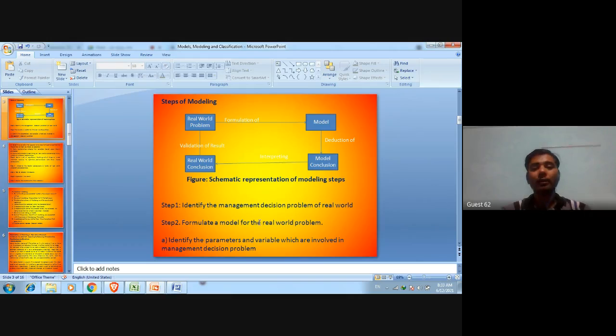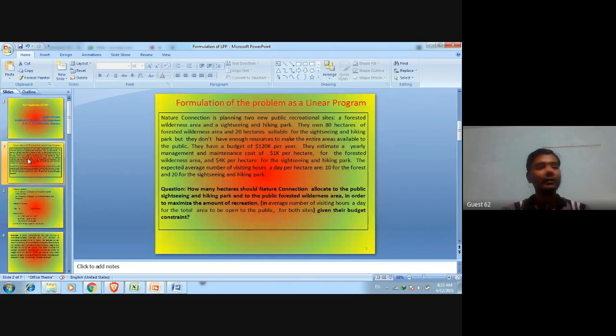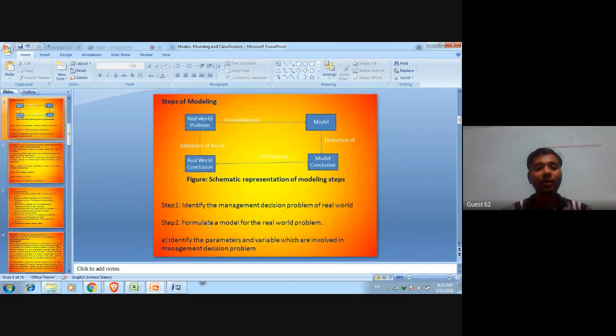Step 1 is to identify the management decision problem of the real world, just like the problem I have here. This is our real life problem. Then again, formulate a model for the real world problem.